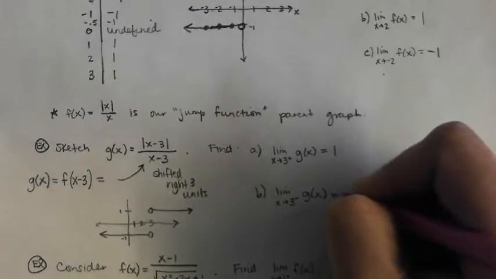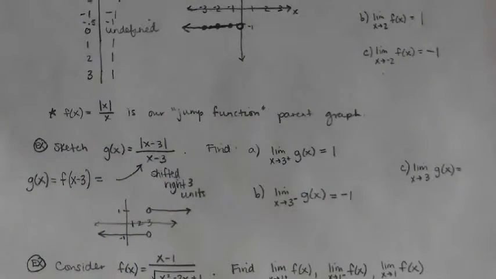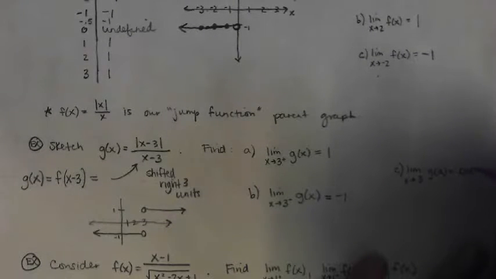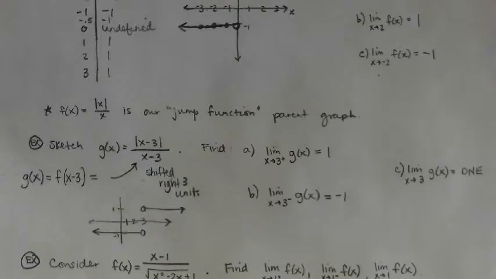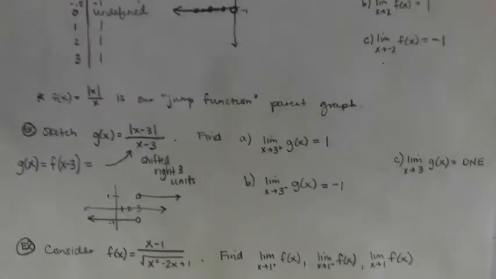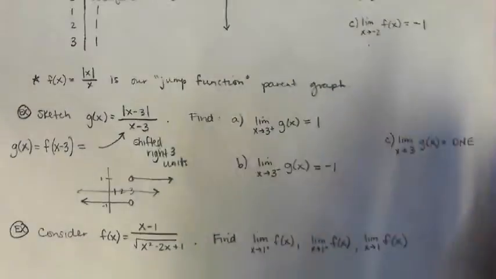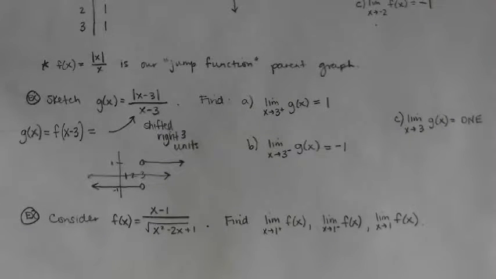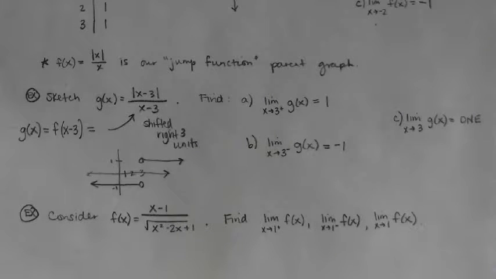Good. And so the overall limit as we approach 3, Zach? Correct. The jump is. Correct. Because it'll always be a jump between 1 and negative 1.